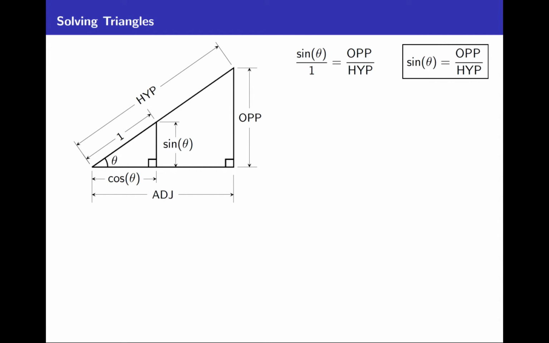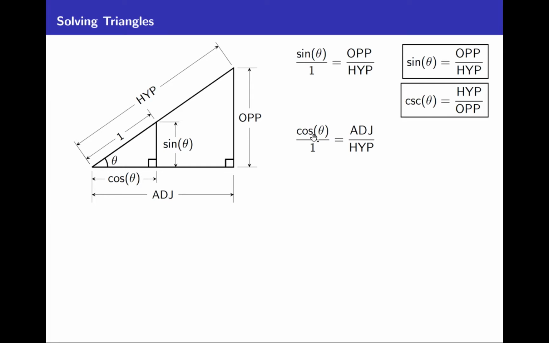So this gives a new geometric interpretation of sine of theta. In any right triangle, if the angle is theta, sine of that angle is going to be the ratio of opposite over hypotenuse. And because cosecant of theta is the reciprocal of sine, cosecant of theta is hypotenuse over opposite.